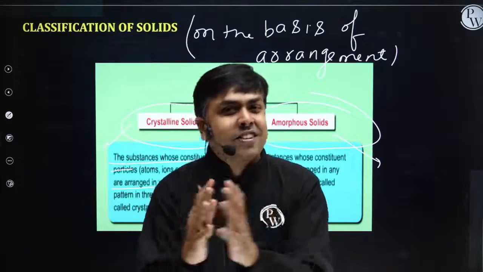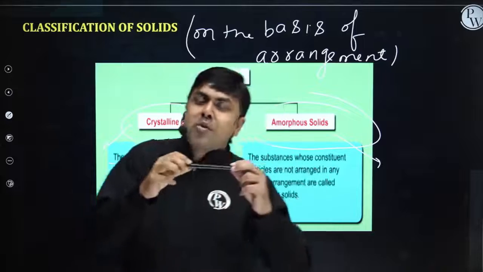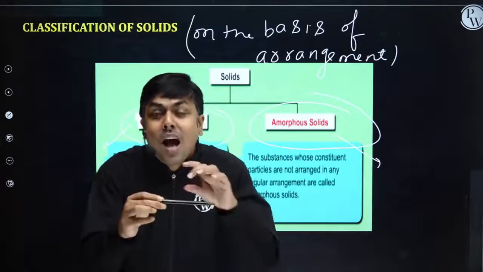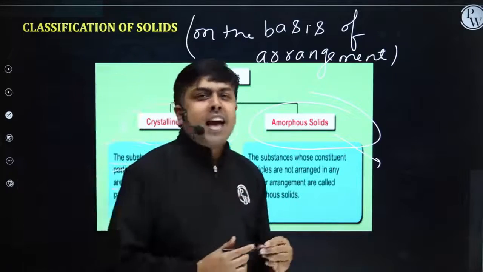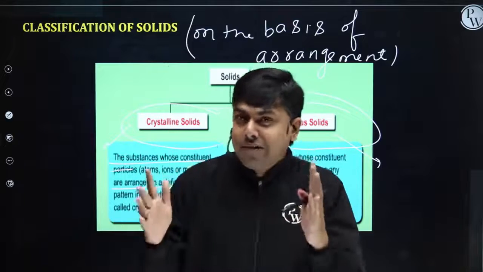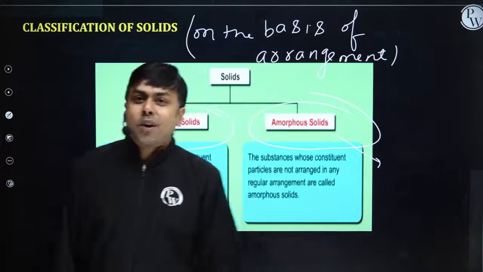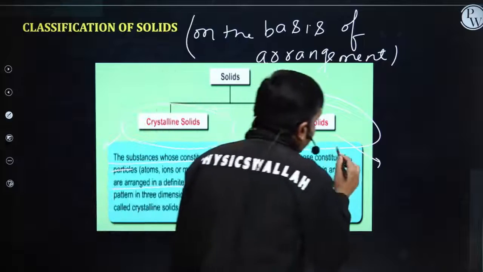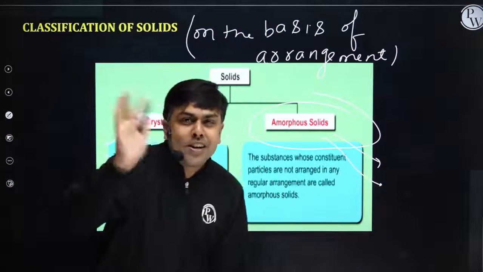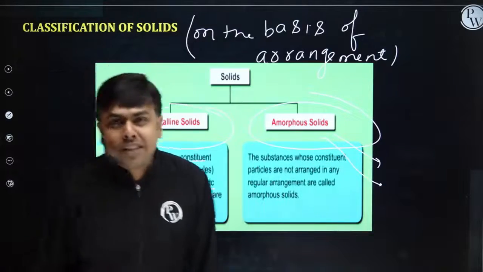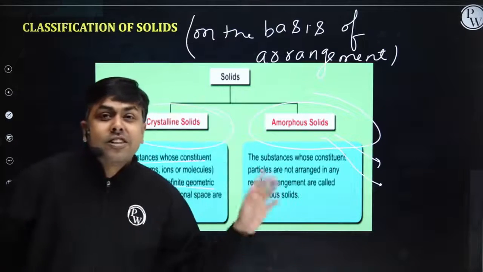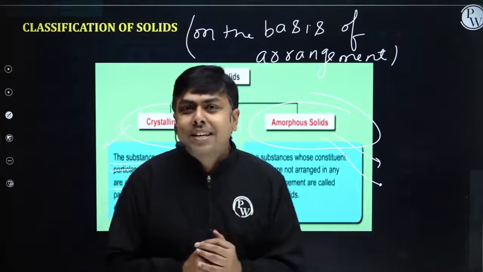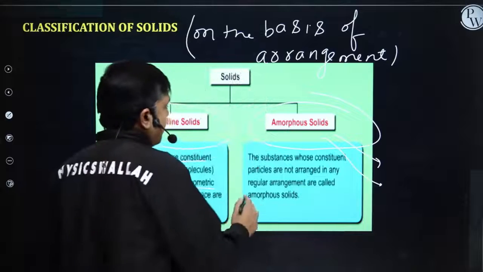So in case of crystalline solids, all the constituent particles, whether atoms, ions or molecules, are arranged in a definite order. Whereas if I talk about amorphous solid, here the constituent particles are not arranged in a definite order. They are arranged in a random order. Am I clear, students? In the three-dimensional space.